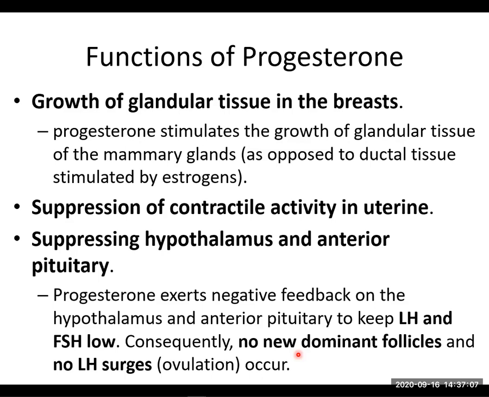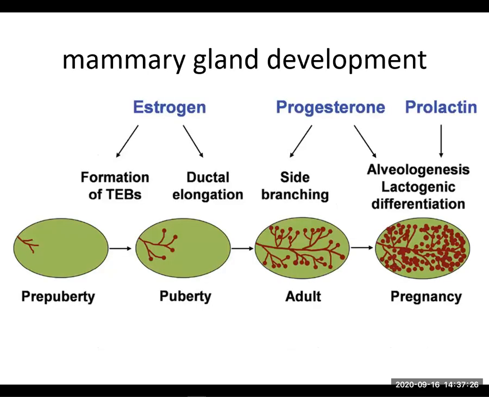So progesterone suppresses the production of LH and FSH in order to prevent the development of another batch of follicles. So that's the progesterone.